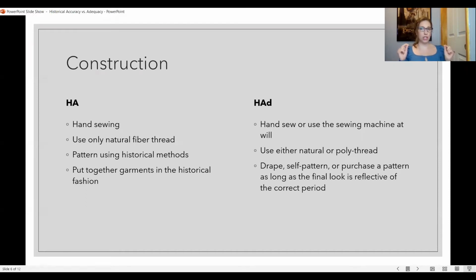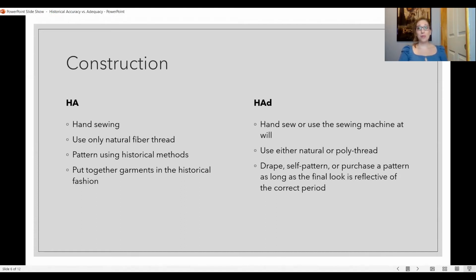I think 3 is historically accurate for most period pieces until we get a little later. But that is a little hard to find nowadays. So even the amount of threads in your thread can make or break your historically accurate construction.